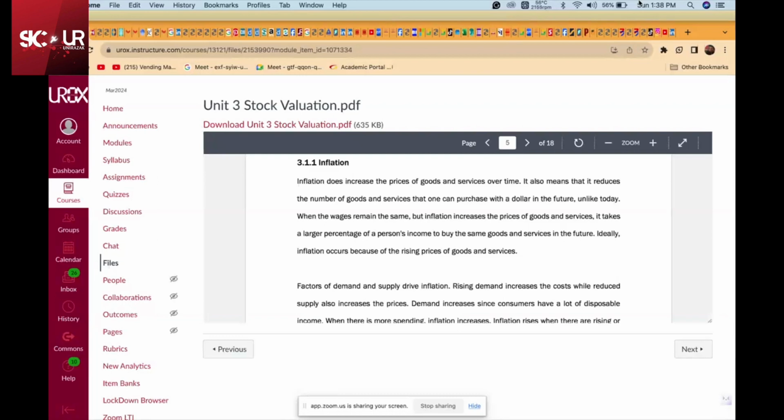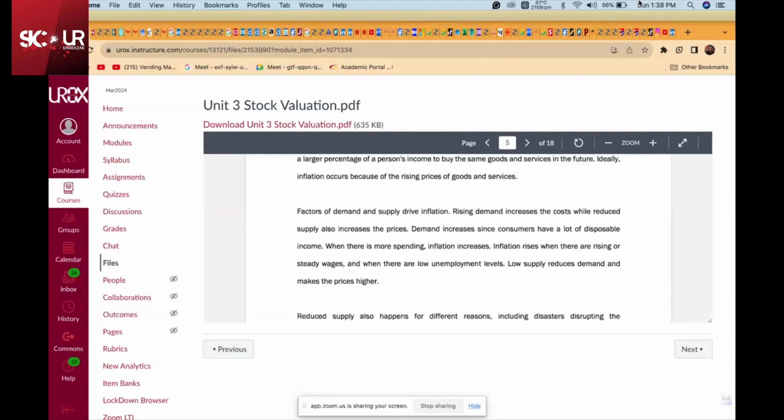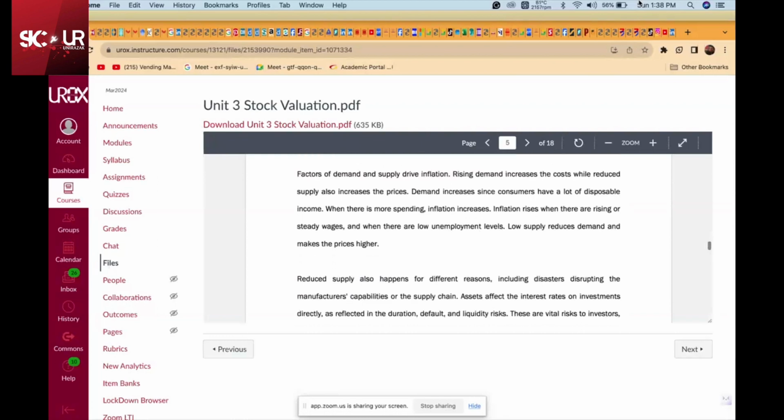Factors of demand and supply also drive inflation. Rising demand increases the costs, while reduced supply also increases the price. Demand increases since consumers have a lot more disposable income. When there is more spending, inflation increases. Inflation rises when there are rising or steady wages, and when there are low unemployment levels.